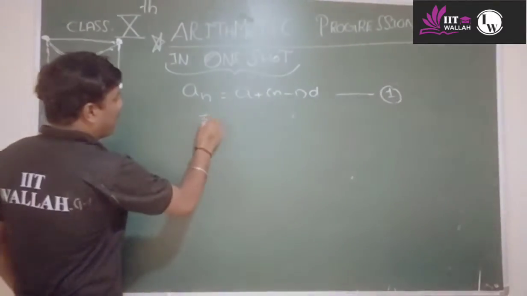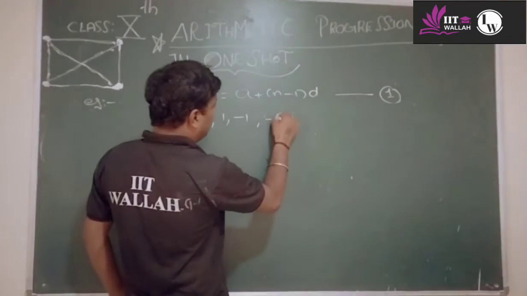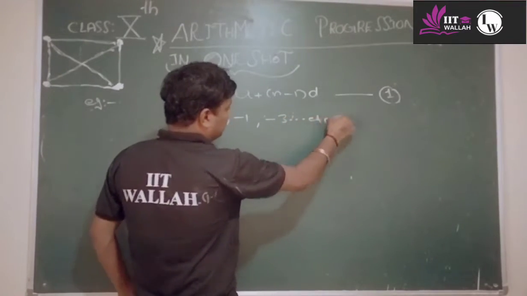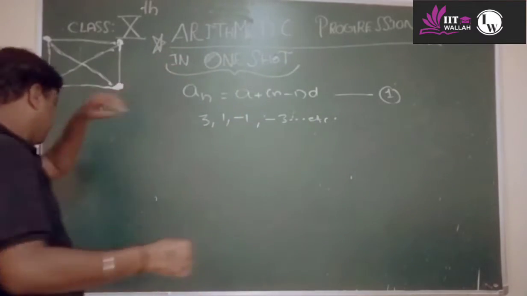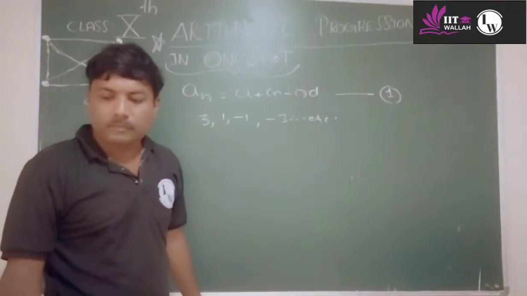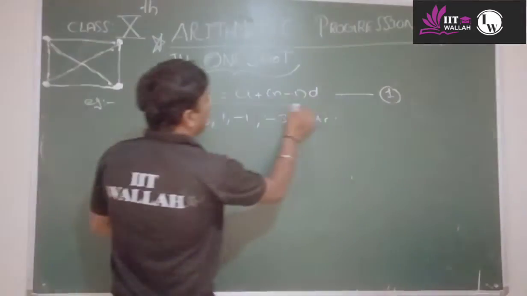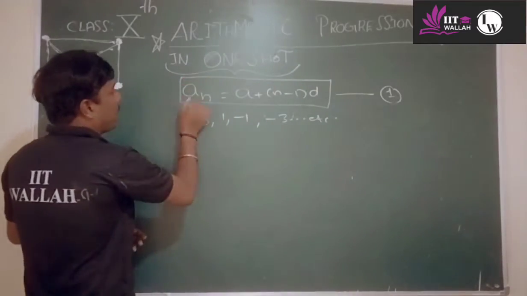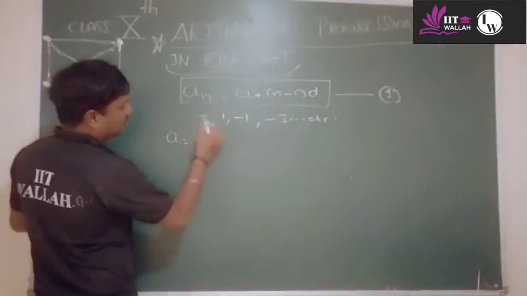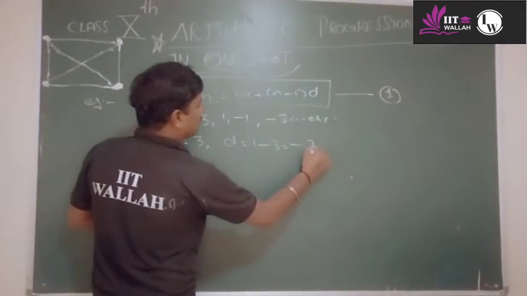3, 1, minus 1, minus 3, etc. Here we need to find the first term and the common difference. The first term is 3 and the common difference is 1 minus 3, which is minus 2.